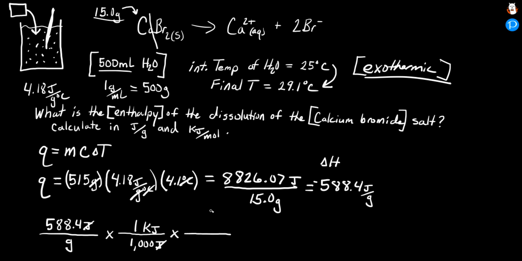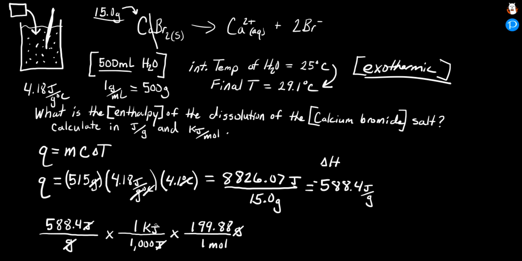So the next step is I need the molar mass of calcium bromide. And let's see, the molar mass of calcium bromide is 199.88 grams per mole. And again, I set it up like this so that grams on top here, grams on the bottom here is going to cancel out.